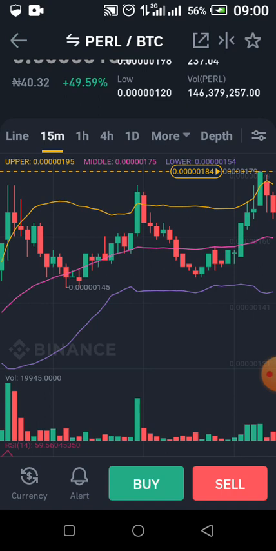So now, starting from the first green candle after the 0.1145 here, you can see that it is a full green candle. What does that mean? It means that there's going to be an increment. But surprisingly, the next one is a red candle.